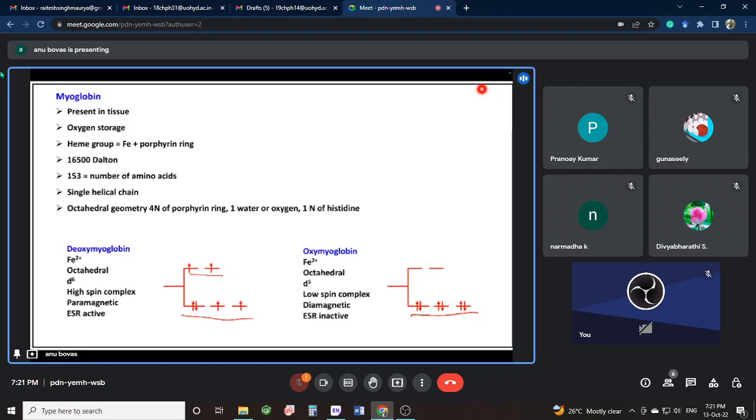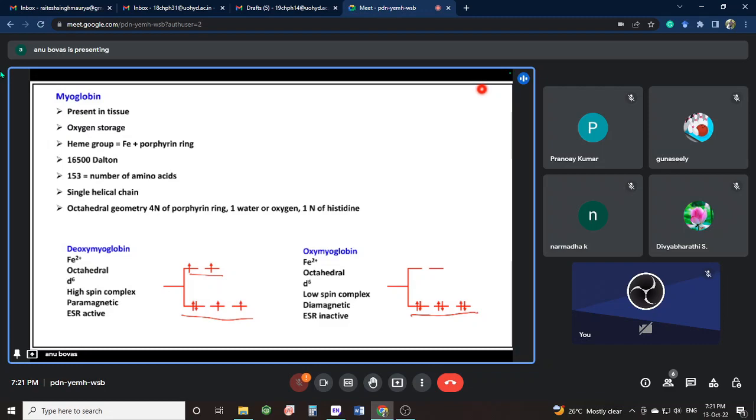Okay, so now high spin means there are unpaired electrons. That means it is paramagnetic and it will be ESR active. So if a question is asked on how you will differentiate oxymyoglobin and deoxymyoglobin, you can differentiate them by ESR.